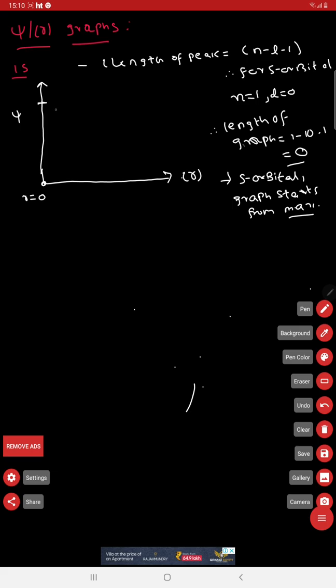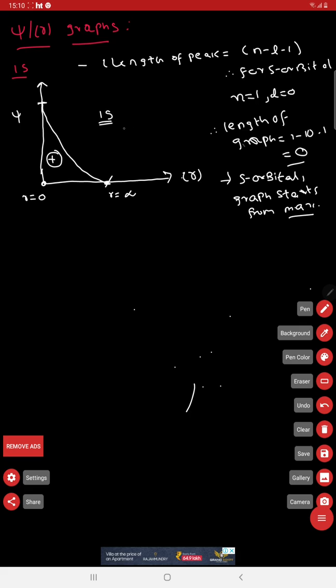Consider this is the maximum, and this is r equal to infinity. So this is the 1s graph.